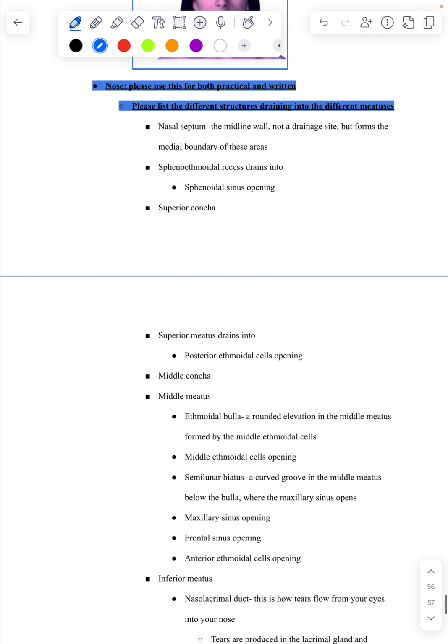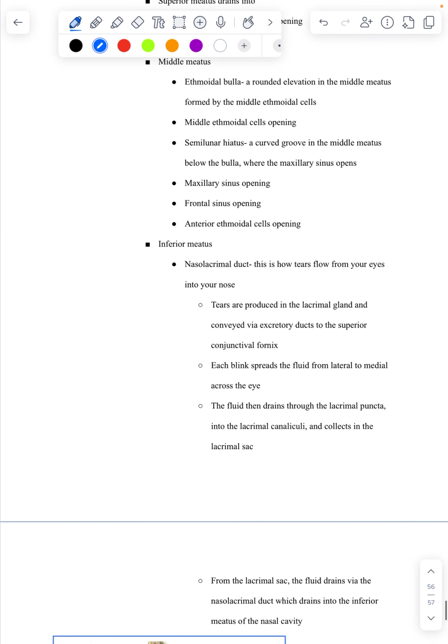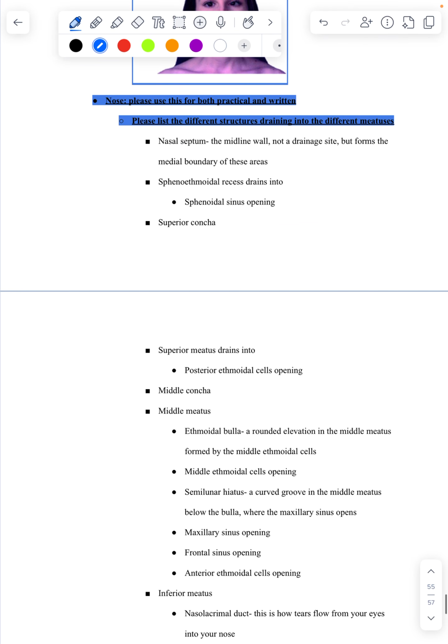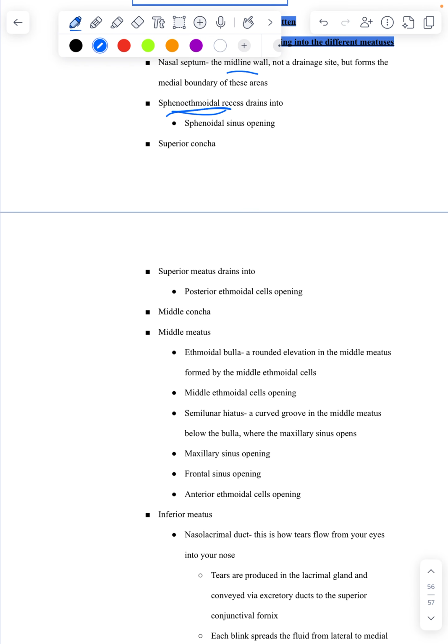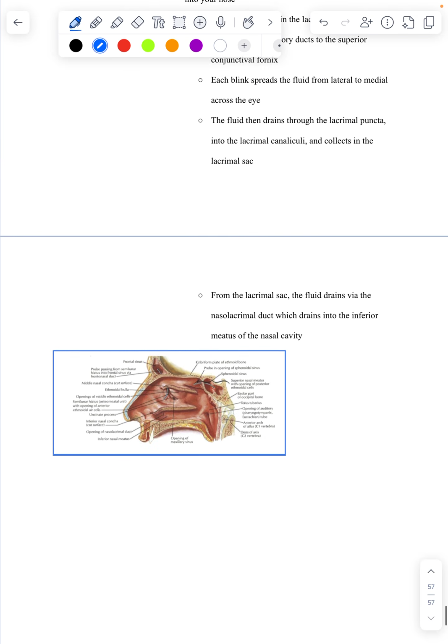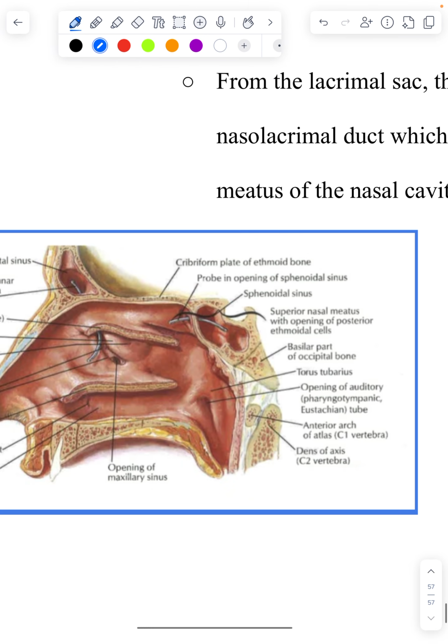Now, this is also lab stuff. It's where everything drains. If you know the lab stuff, you're going to know this. Nasal septum is the midline wall. When someone has deviated septum, they can't breathe from like one nostril. Sphenoethmoidal recess drains into the sphenoid sinus. So this is sphenoid sinus.